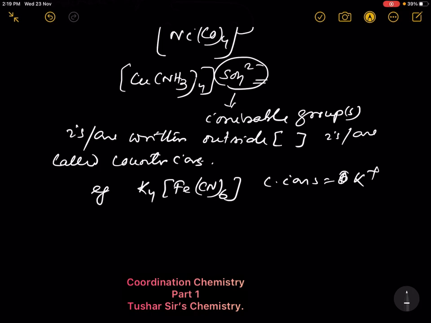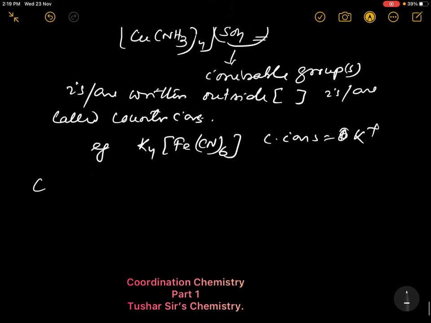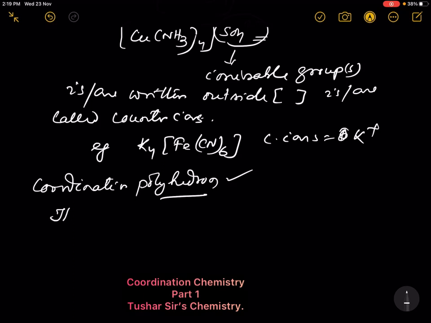Then coordination polyhedron. Polyhedron, plural is polyhedra. This is the spatial arrangement, and spatial means three dimensions, space.